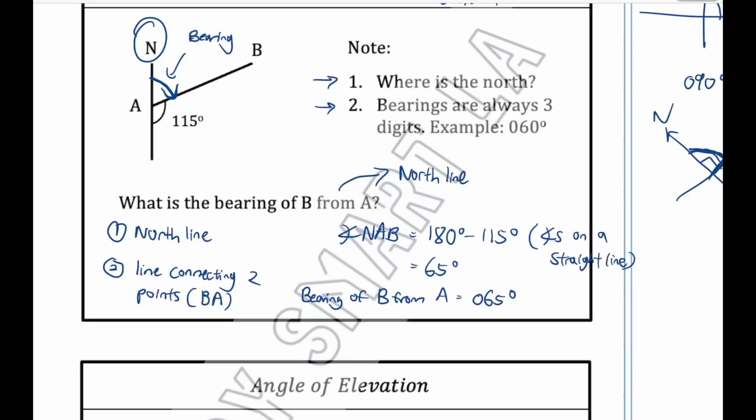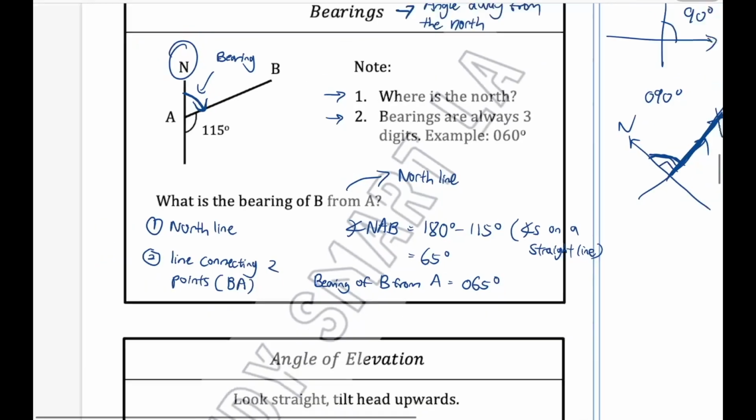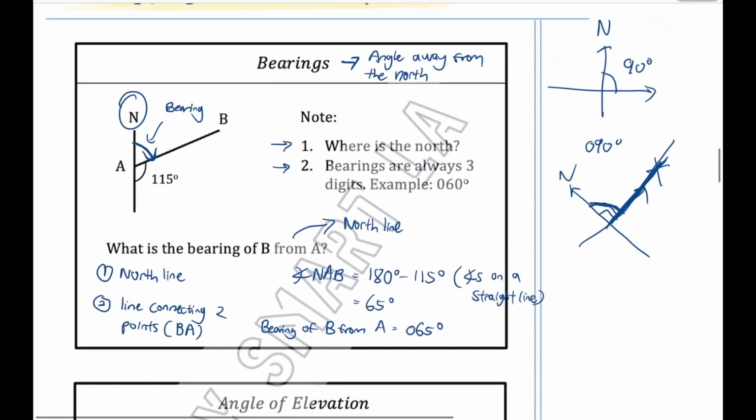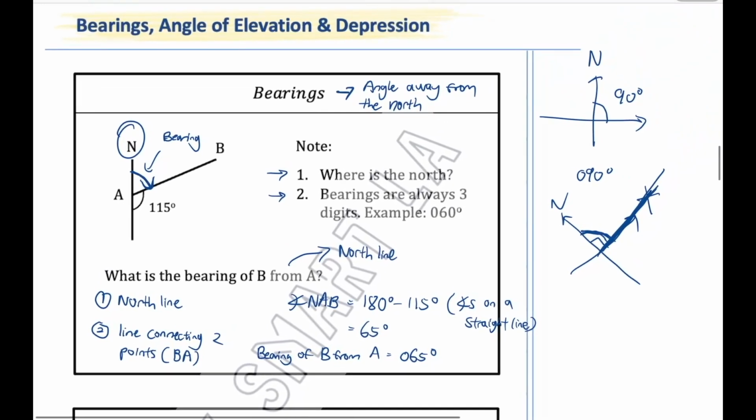They ask you for bearing, you have to answer back, this is the bearing, all right? So with that, it's just a very quick go through of how you can use these 2 steps to find the bearing, right? So whenever they ask you for bearing, have these 2 steps first, then you can perform all the trigo, all the angle properties that you have learned, all right?